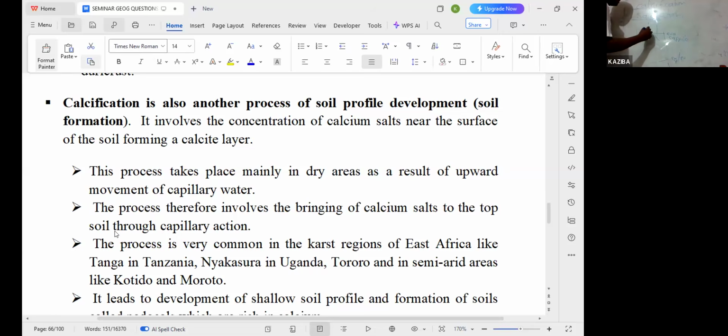When it evaporates, it solidifies on top of the Earth's surface and forms the soil. So if it is salt evaporating upward, that is salination. If it is calcium evaporating upward, that is calcification. Hope it is okay. Now we go to another one.